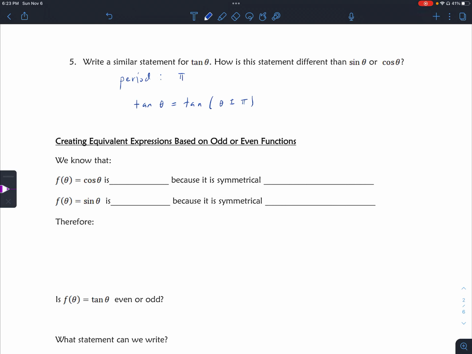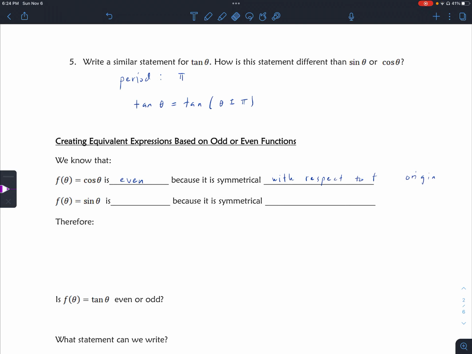We know that f of theta equals cosine theta is even because it is symmetrical with respect to the y-axis.